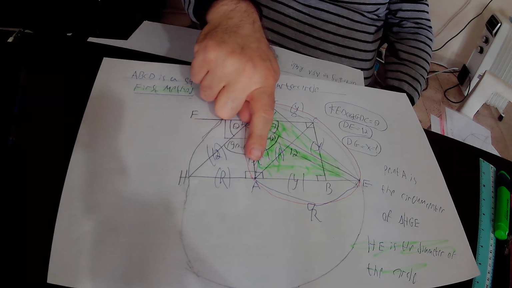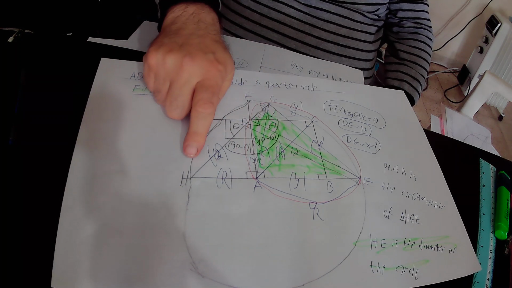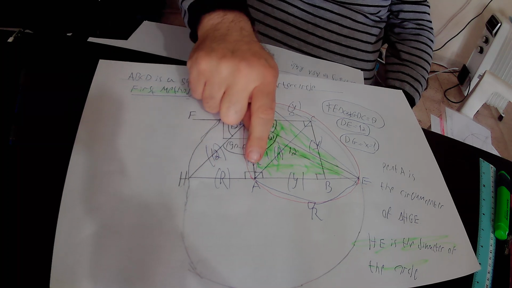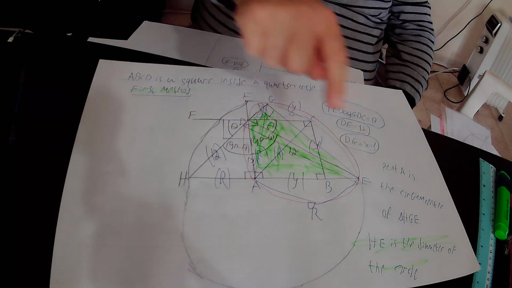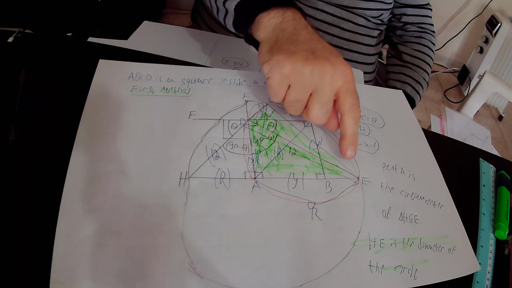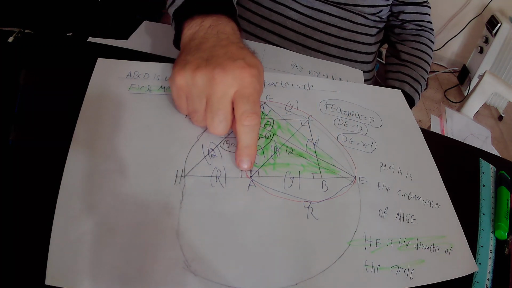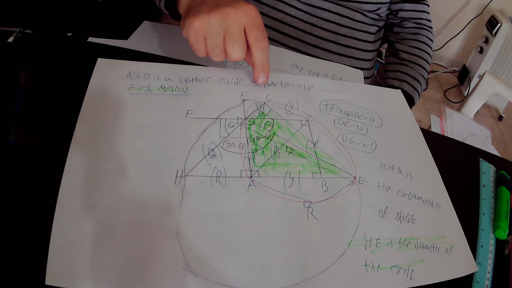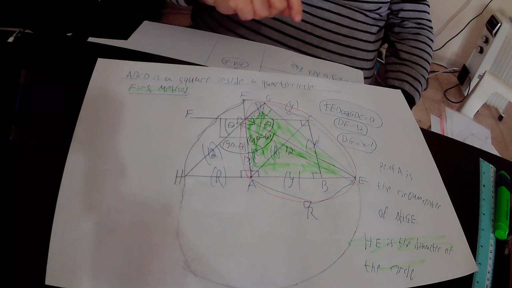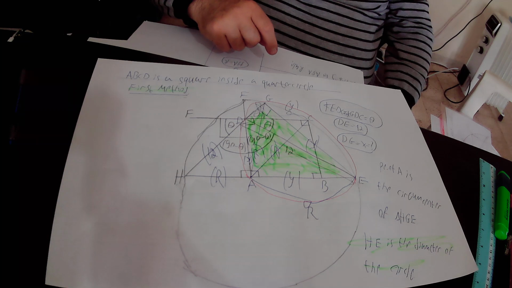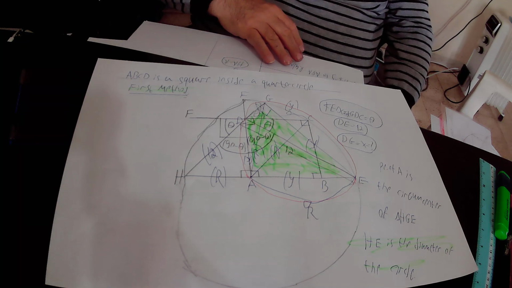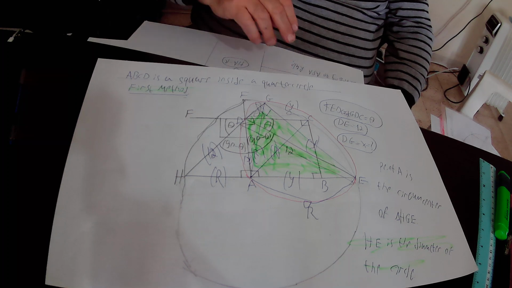The distance between point A and the vertex E is R. The distance between point A and the vertex H of triangle HGE is also R. And the distance between point A and the vertex G of triangle HGE is also R. For that reason, point A is defined as the circumcenter of triangle HGE.